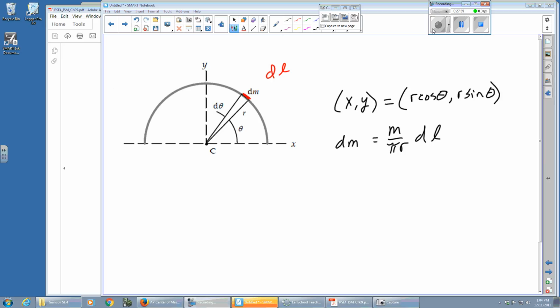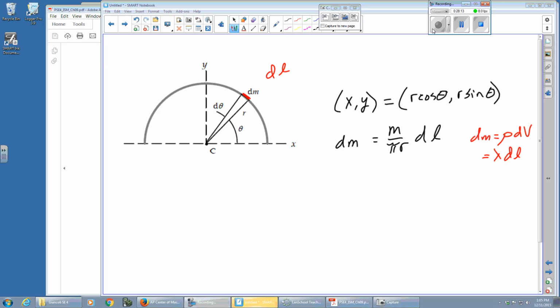This is just like we've written before, where dm equals rho dV. Here, because it's a line, it's not rho, I'm trying to think of the symbol for linear density. It is lambda, thank you. Because it's a line.